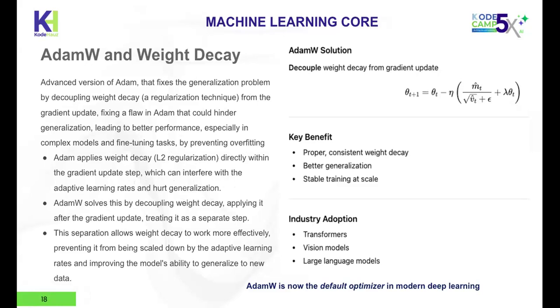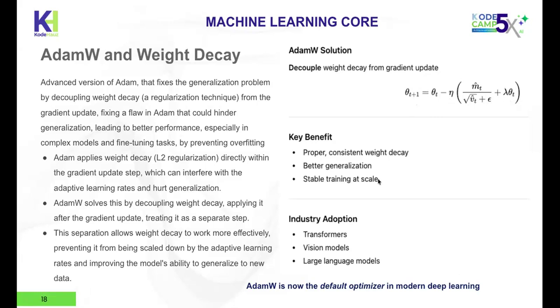So this separation allows the weight decay to work more effectively and prevents it from being scaled down, because typically that's what will happen if you do it along with the update, due to the learning rate. The learning rate always scales down the impact of gradients. And that's it, right? This is the equation for it. The only thing that we see here is that we decouple out the weight decay using lambda theta_t.